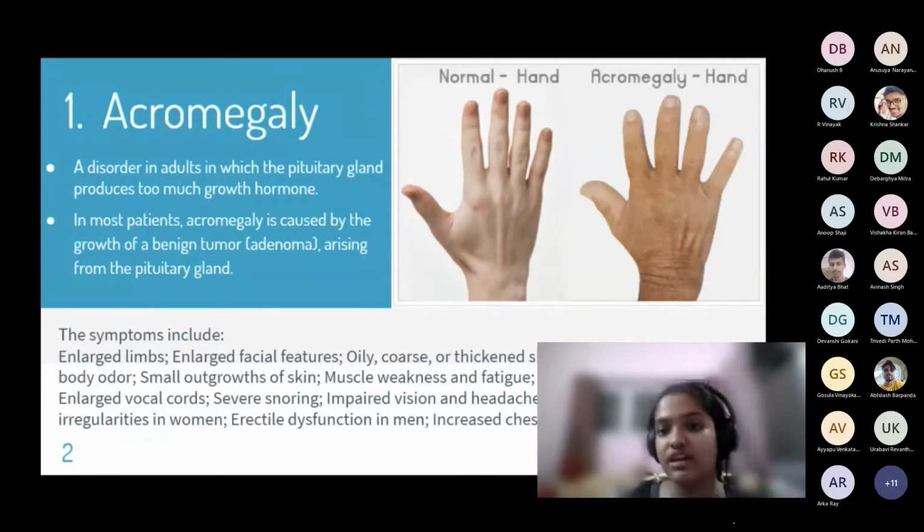For illustration, there is a comparison between a normal hand and an acromegaly-affected person's hand.